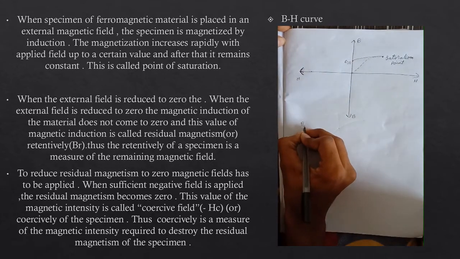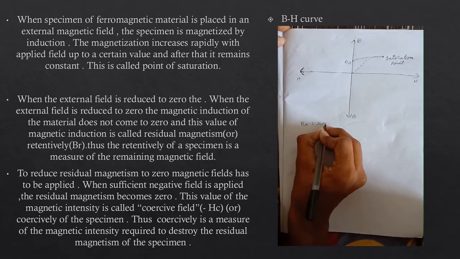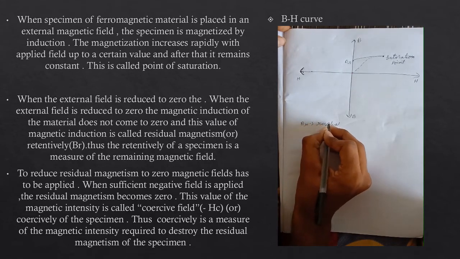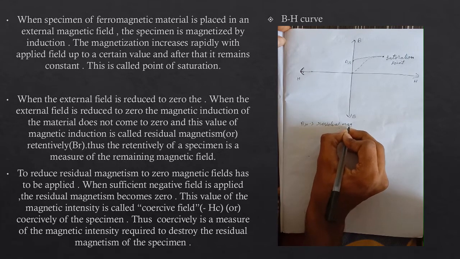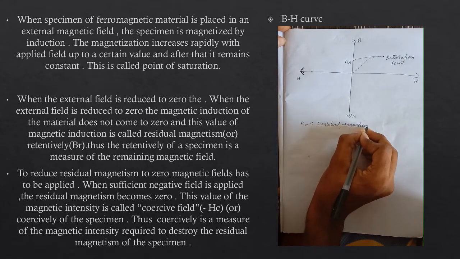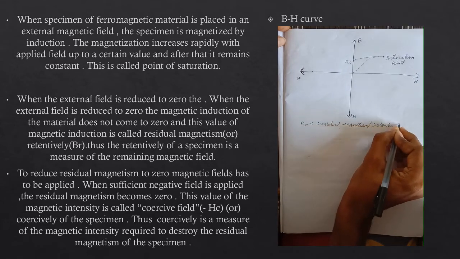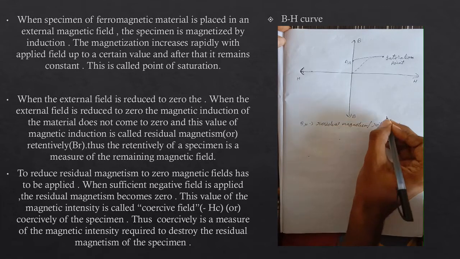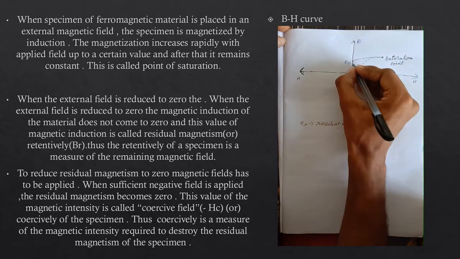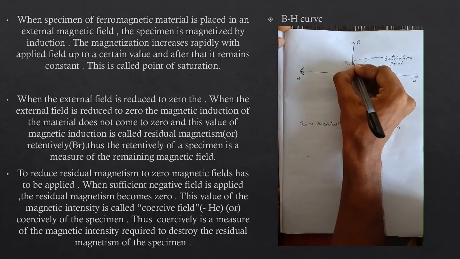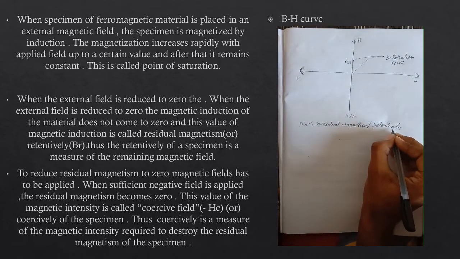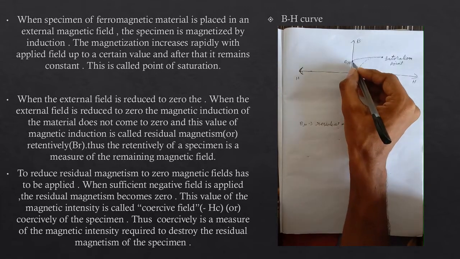Here Br means residual magnetism or retentivity. The word retentivity means the amount of magnetic flux that remains in the material when we remove the external magnetic field.